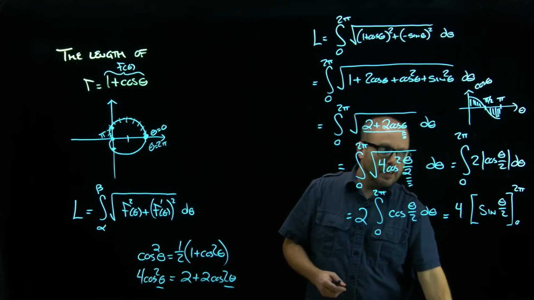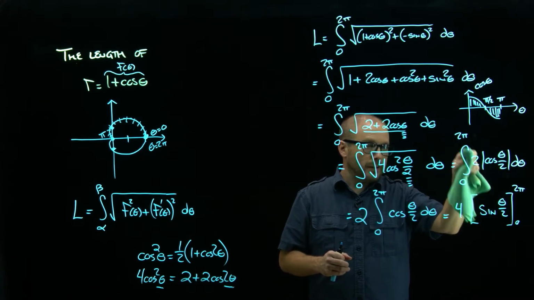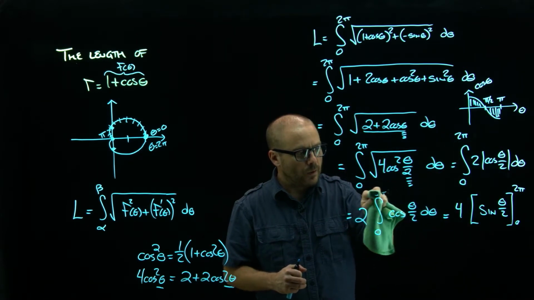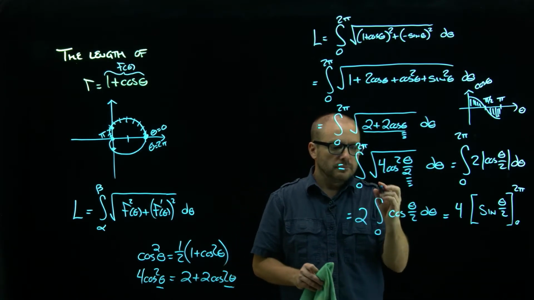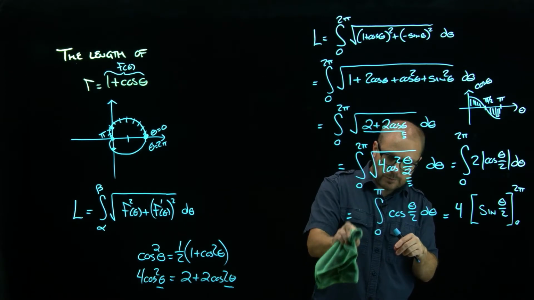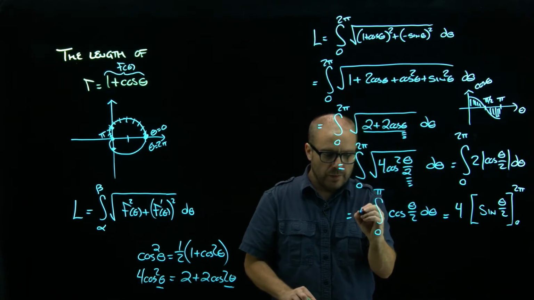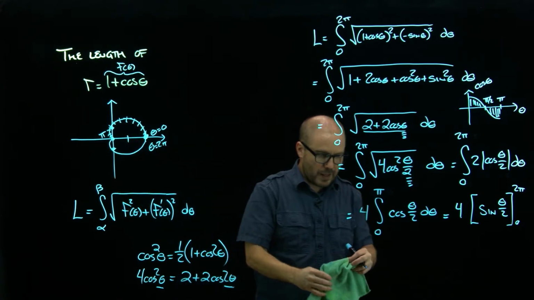So at this stage, let's do that. So we're going to double this. We're only going to go from 0 to pi. But we're going to double it because we're only really doing half the curve now. But the symmetry, the top half is the same as the bottom half. So let's see what happens now.